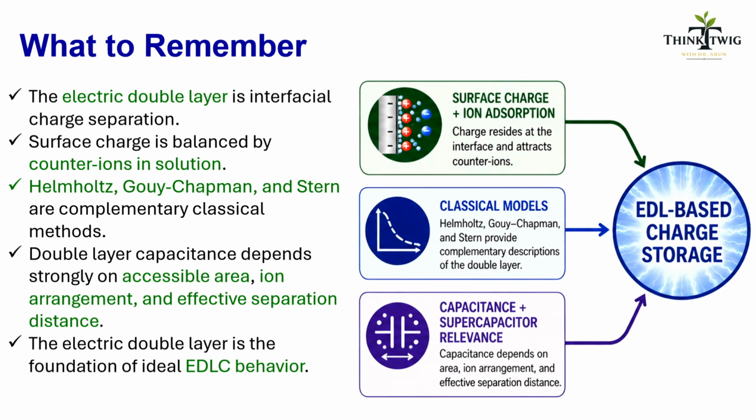Counterions arrange themselves in the electrolyte near the surface, and opposite charges remain separated by an extremely small distance. Helmholtz described this interface as a compact layer, Gouy and Chapman explained that thermal motion creates a diffuse ion distribution, and Stern combined both ideas into a compact region followed by a diffuse region.